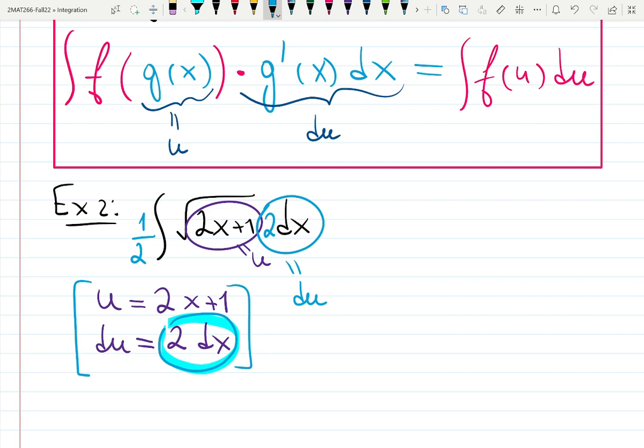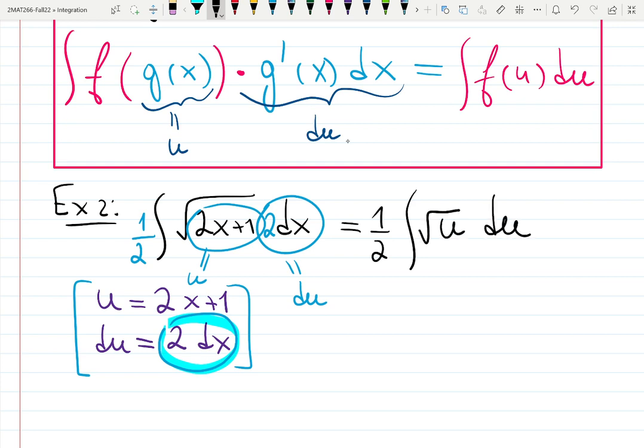So u is 2x plus 1. du is 2 dx. And the integral becomes 1/2 integral, can you tell me? Square root of u du. Amazing. Look at that.